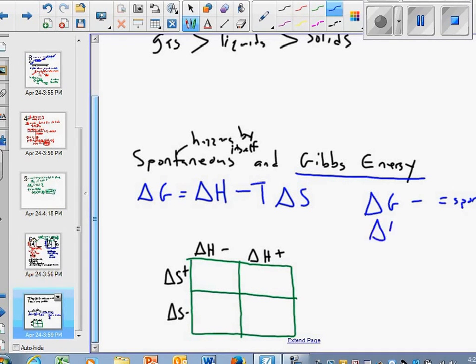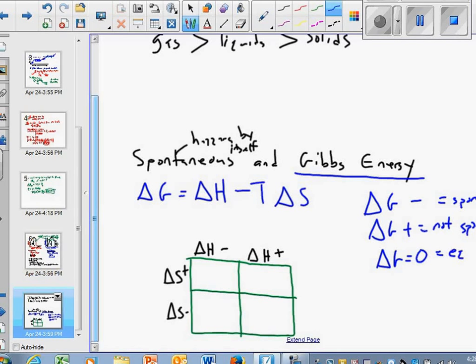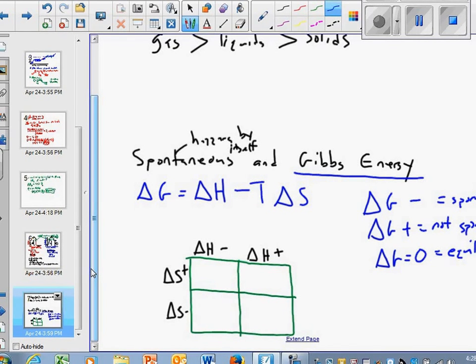If delta G is positive, it's not spontaneous. And honor students, you should know that when delta G is 0, it's at equilibrium, which we're going to talk about next class. Okay? But what you do need to know, everybody, is how to tell if delta G is going to be positive or negative.